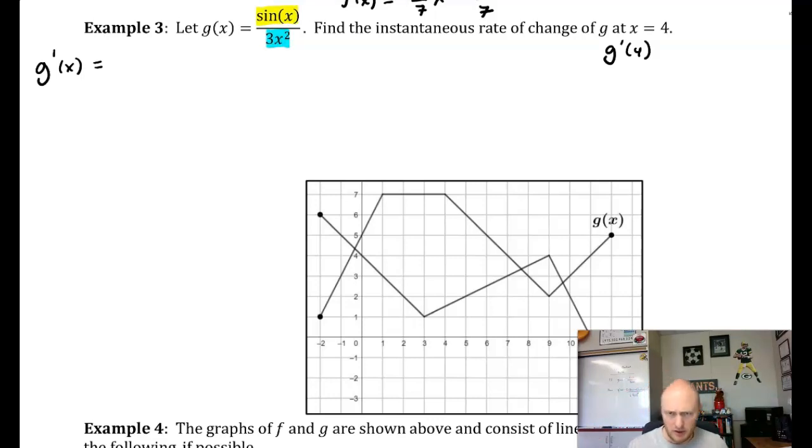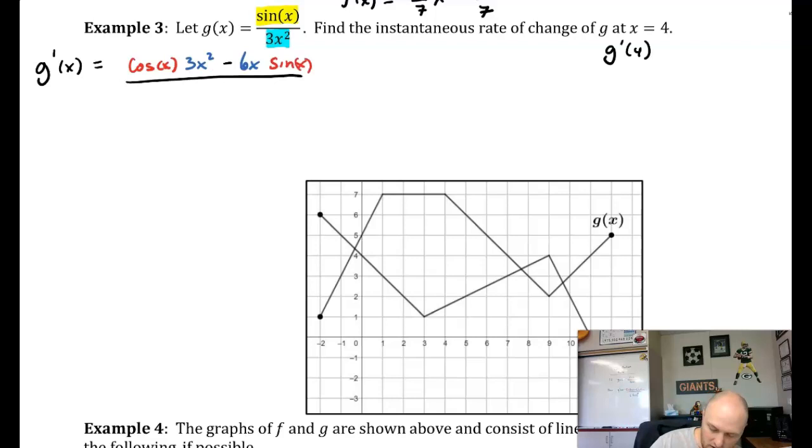The quotient rule. So I'm going to take the derivative of the top, cosine of x, times the bottom, 3x squared, minus the derivative of the bottom, 6x, times the top, sine of x, all divided by the denominator, 3x squared, quantity squared.